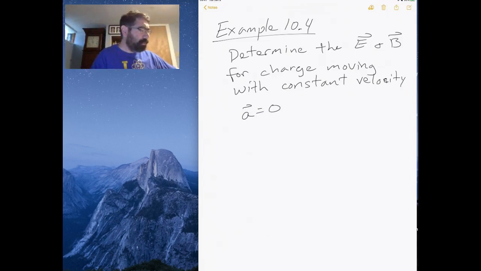Okay, so if that is the case, then we can write out, we already have the formula for the electric field.